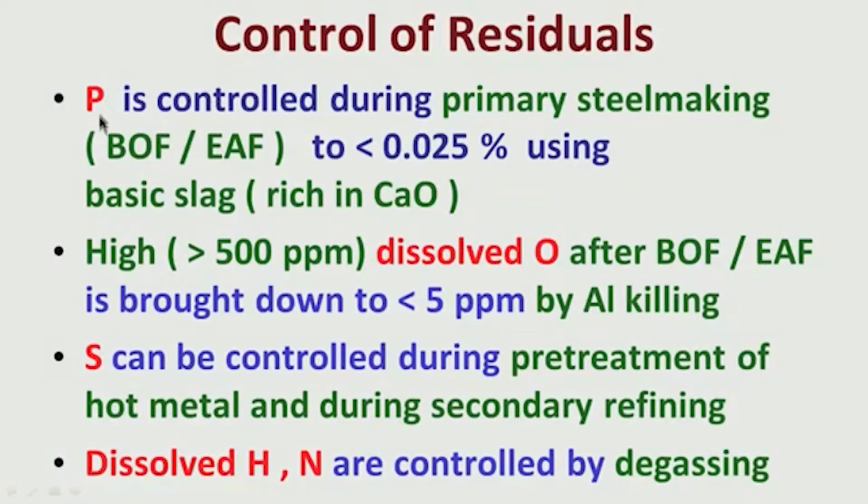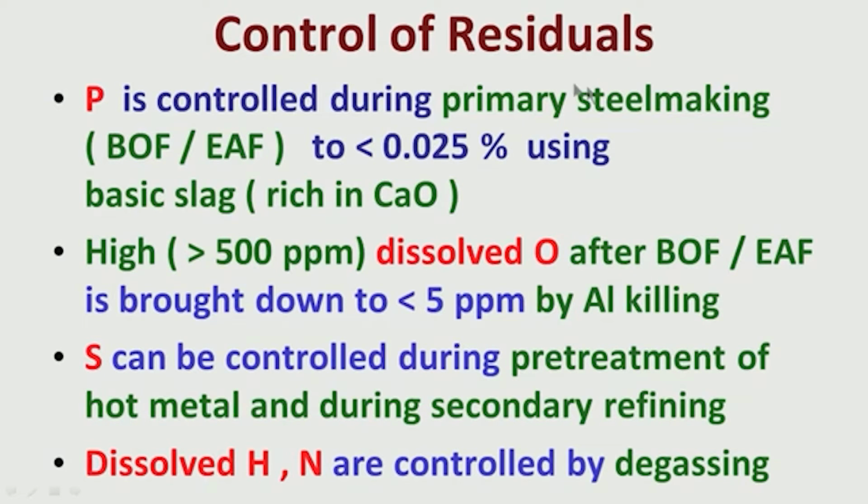We have mentioned that phosphorus is an important residual in steel. So, this can be controlled during primary steel making stages. What are those stages? Either the basic oxygen furnace or the electric arc furnace. These are called primary steel making stages because these are the first steel making stage used for steel making.